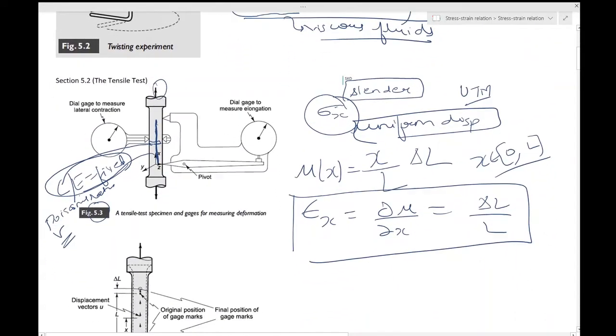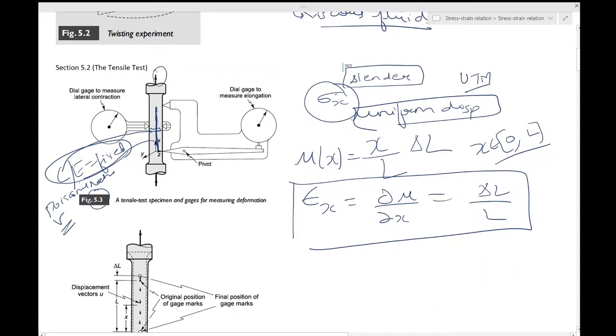When I said this contraction and the extension ratio is fixed, it is actually the normalized contraction and the normalized expansion. What I mean is that this C has to be divided by the original dimension. So I'll put a C star, and this extension over here has to be divided by the original length, which is the gauge length L. Then it would not depend on the dimensions. Okay, this is one correction which you should note.